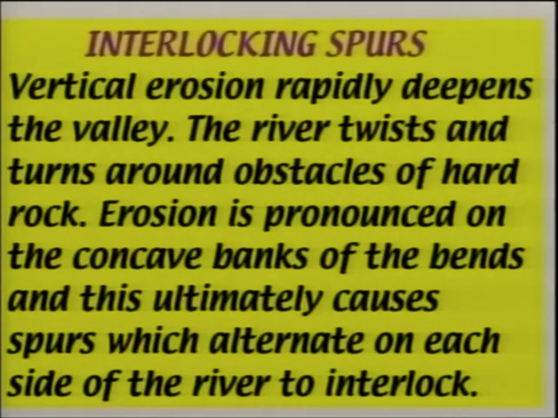The river, if it is following a channel through the valley, will twist and turn around obstacles of hard rock. So in other words, when the river is flowing through the channel, where there are areas of hard rock, those hard rock areas will act as obstacles, and that means the river has to work its way around those hard rock.